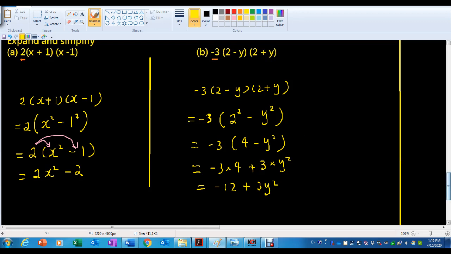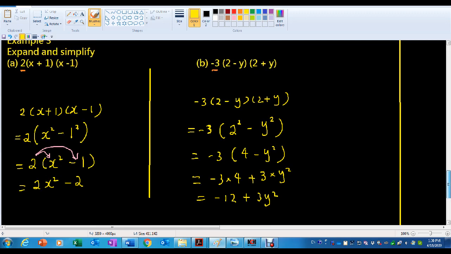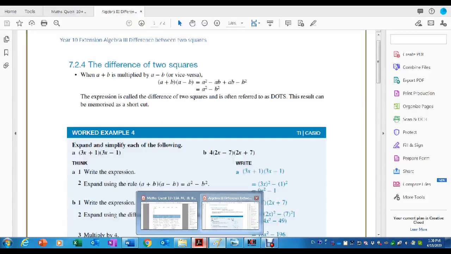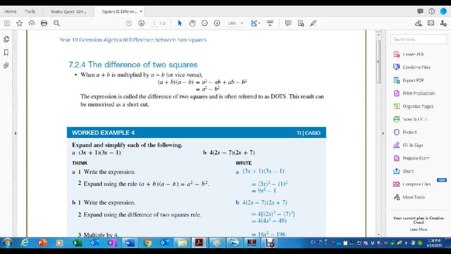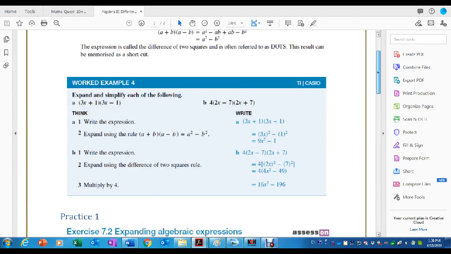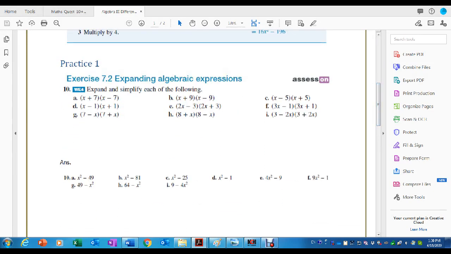So all the questions are of this type. Okay. In the handout I gave to you, there are extra examples. You might have a look. All right, and you can do the exercise here. Exercise 7.2, question 10.